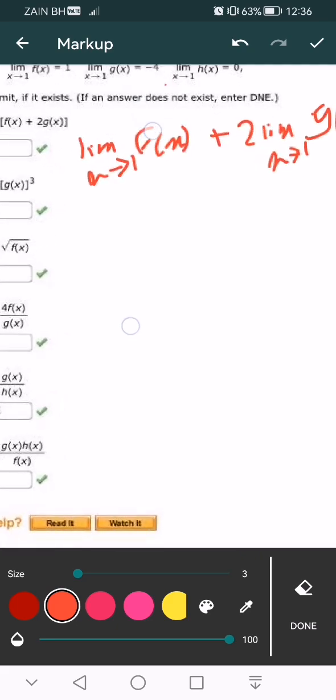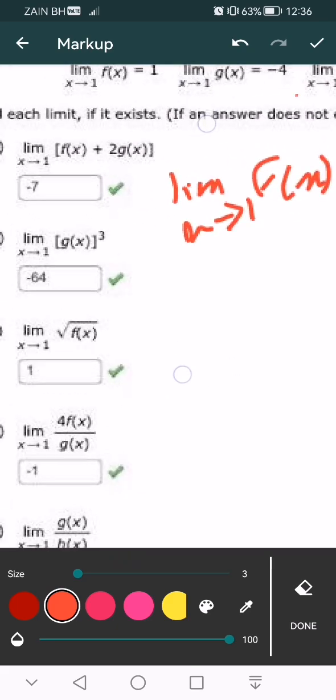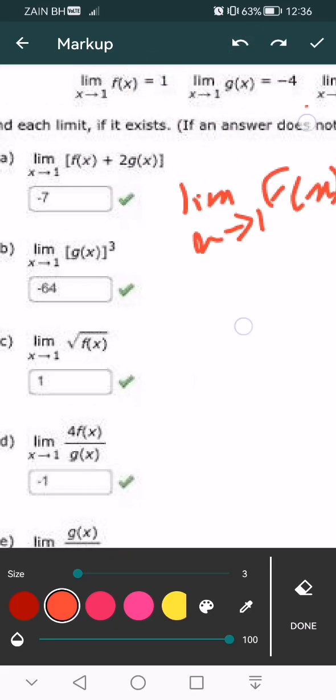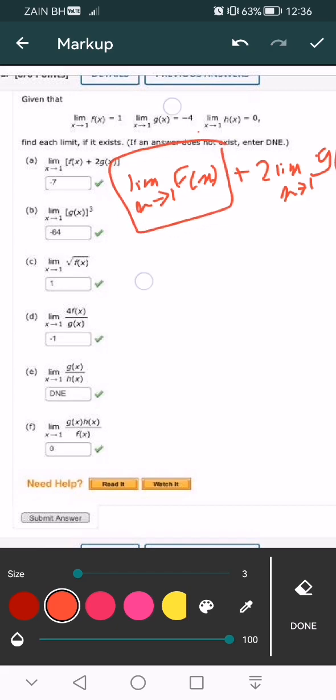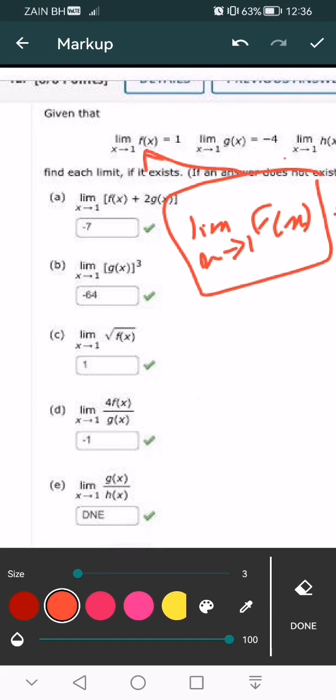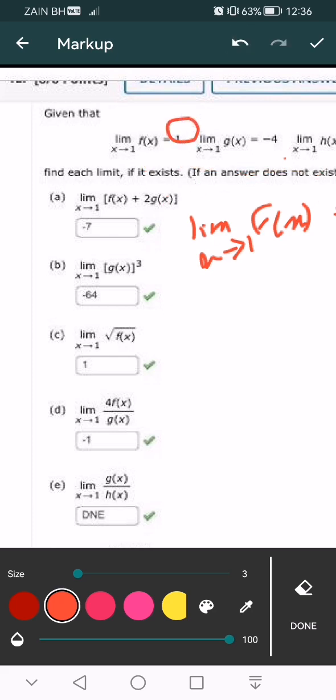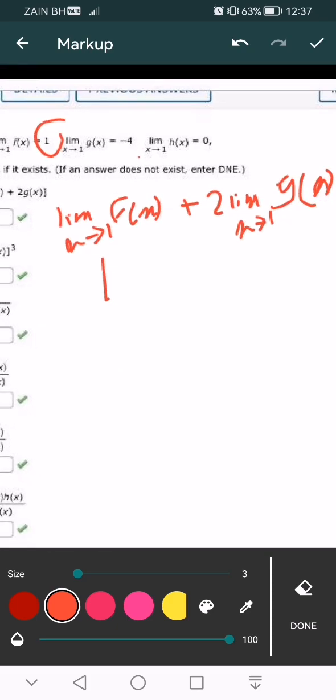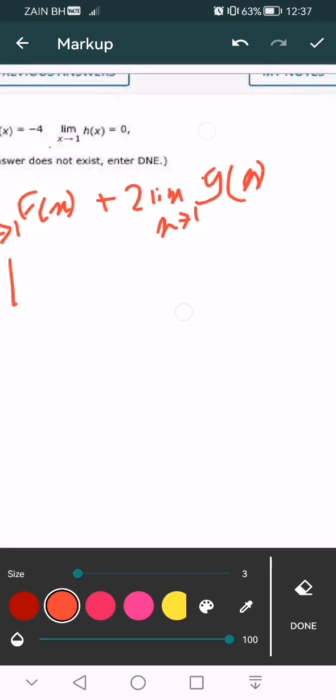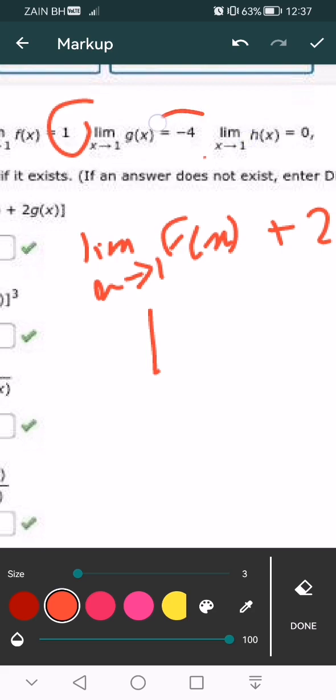So what is the limit as x goes to 1 of f of x? It is 1. So I replace it with 1, plus 2 times the limit of g of x as it goes to 1, which is minus 4.